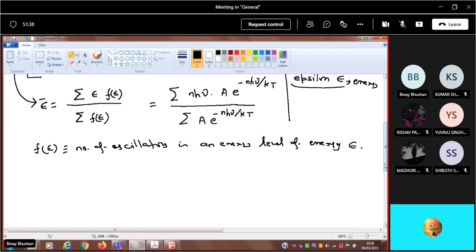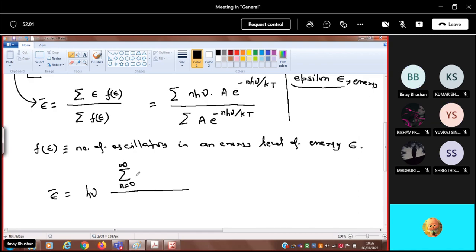So now epsilon bar, that is, we write bar for average, right? Average energy will be equal to hν. Remember hν is a constant, which has nothing to do with summation, right? And summation is over which index? n, and n is from 0 to infinity.